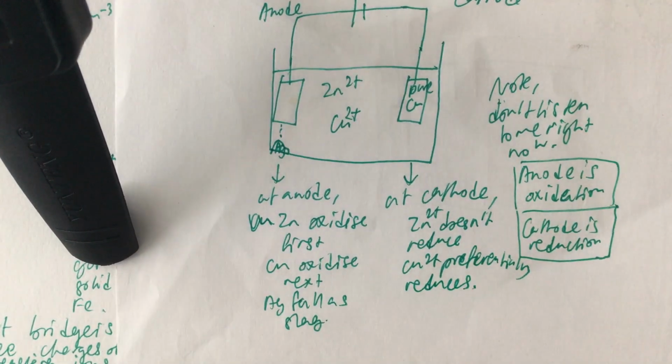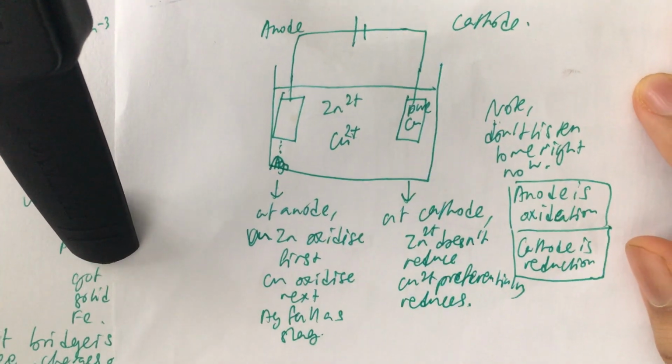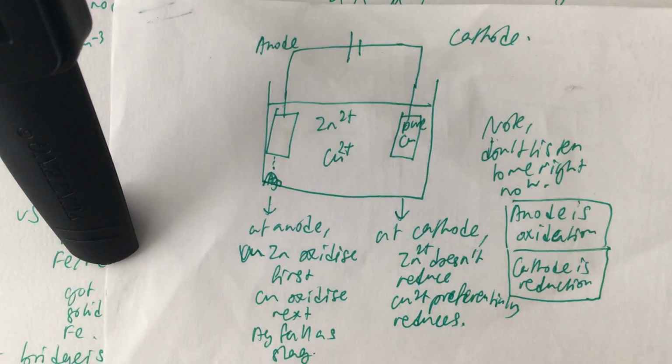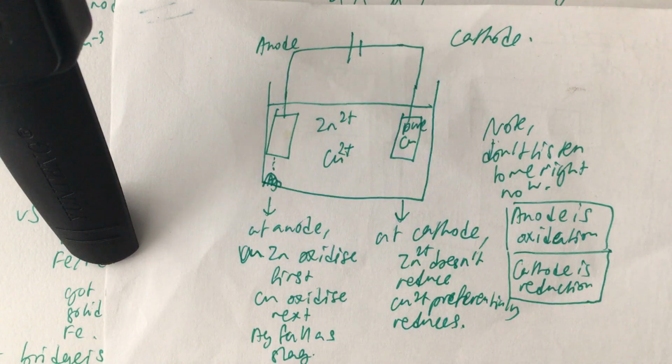Yeah, so you can just use this to explain what exactly happens. So in this case, we have a solution of copper 2 plus. If the solution doesn't really have a lot of copper 2 plus, it might be hard to actually get copper back onto the thing.